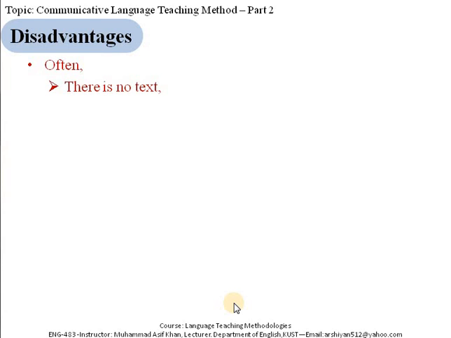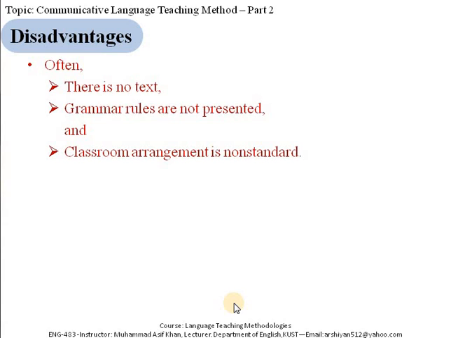Another disadvantage of this method is that in the pure form of CLT there is no text, and often grammar rules are not presented to the student, and we do not have standard formal classroom arrangements. So these things often disturb the standard formal type of education.